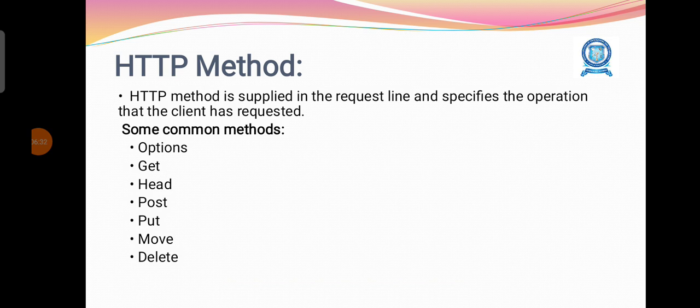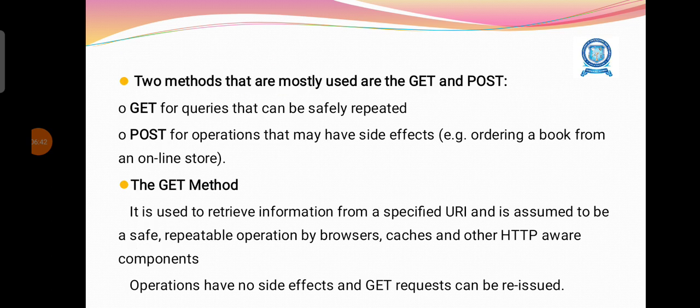Then HTTP methods. There are some methods used to perform the HTTP transaction between the client and server, for example, GET, HEAD, POST, PUT, MOVE and DELETE. The GET method is used to retrieve information from the specified URL and it is assumed to be a safe, repeatable operation by browsers, caches and other HTTP-aware components.